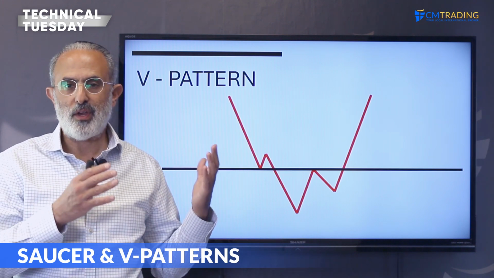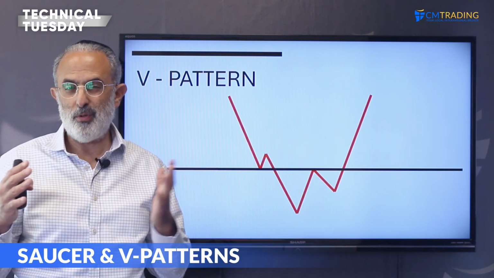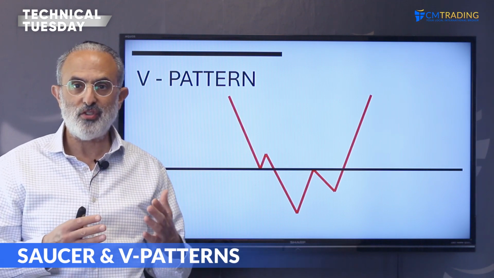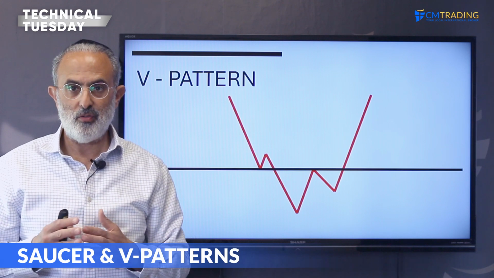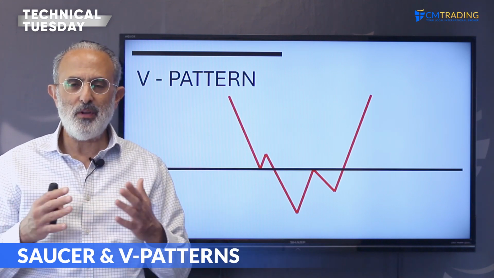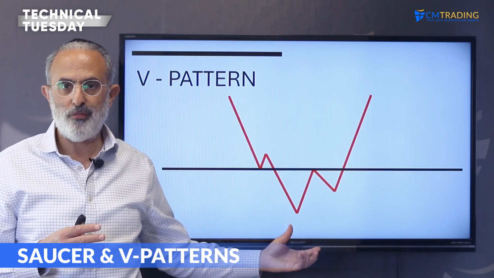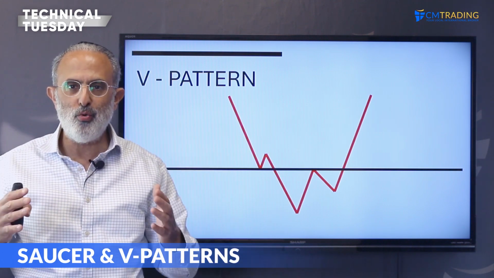A common time frame for this is probably a daily or maybe a weekly, whereas with the saucer you're looking at a monthly and possibly a weekly as an indicator, and sometimes even a daily. Just keep in mind that the longer the time frame and the volume that confirms it, the more the pattern is confirmed. But it's a huge opportunity.